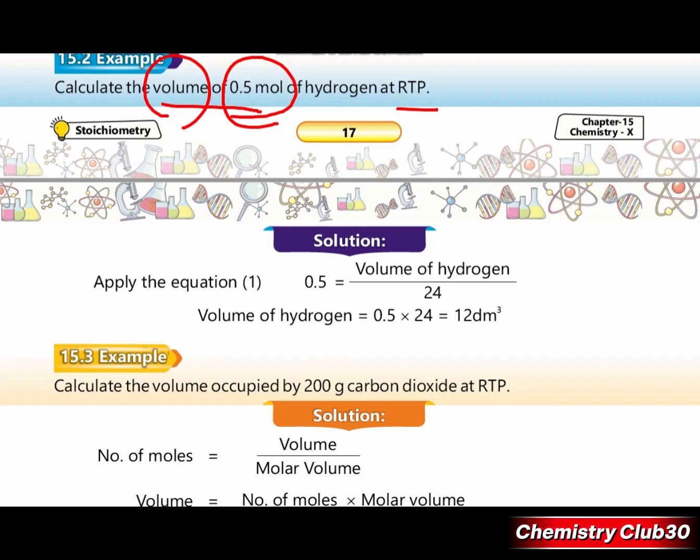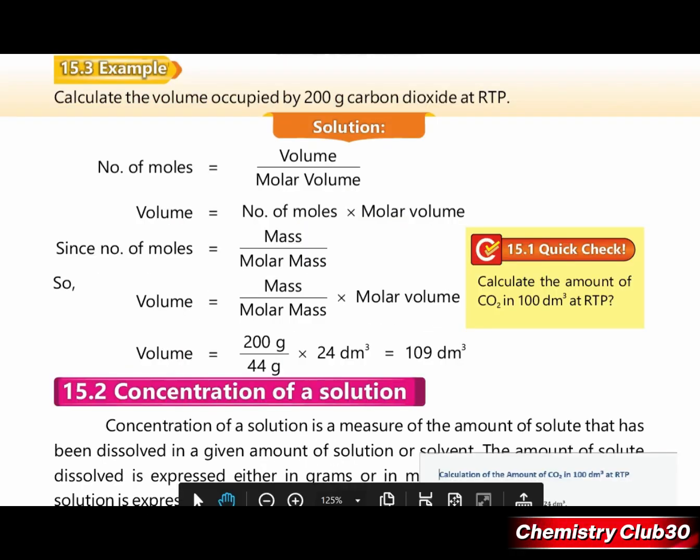Number of moles, that is 0.5, is equal to volume of hydrogen divided by 24, where 24 is the molar volume. By simplifying, volume of hydrogen equals 0.5 multiplied by 24, so the answer will be 12 dm cube.